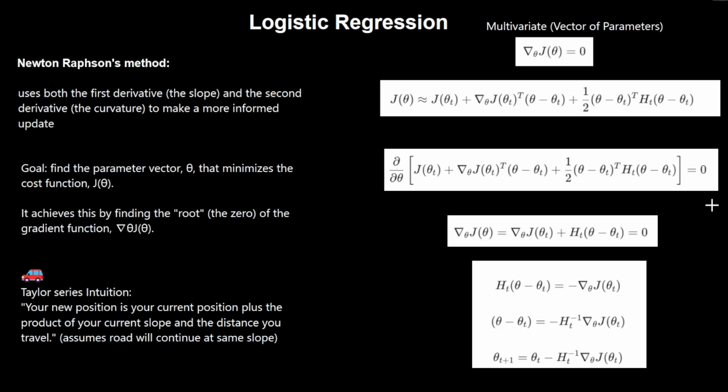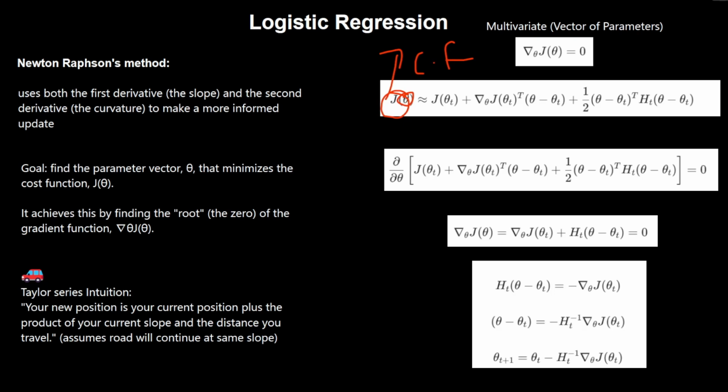Let's look at the terms which are present in this equation. First, we have theta, which is the variable we are trying to solve for. This variable theta is the new parameter vector that will hopefully minimize the cost function. Next, we have J of theta, which is obviously the cost function.